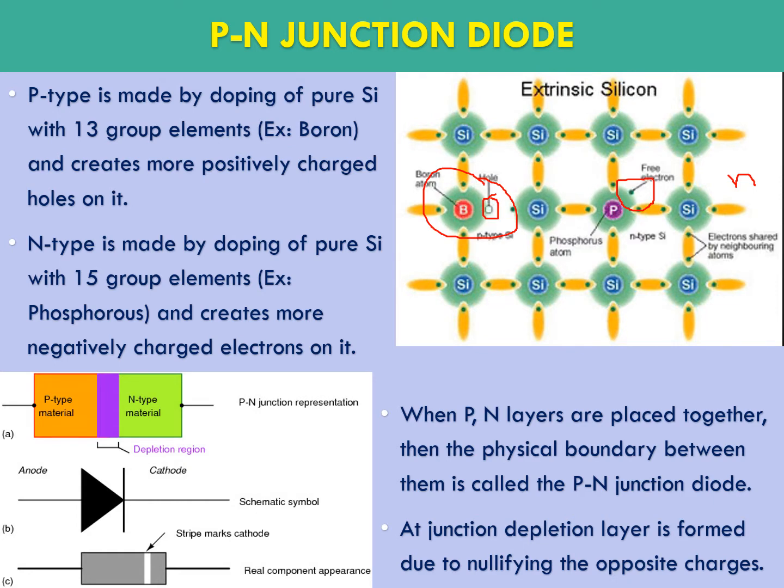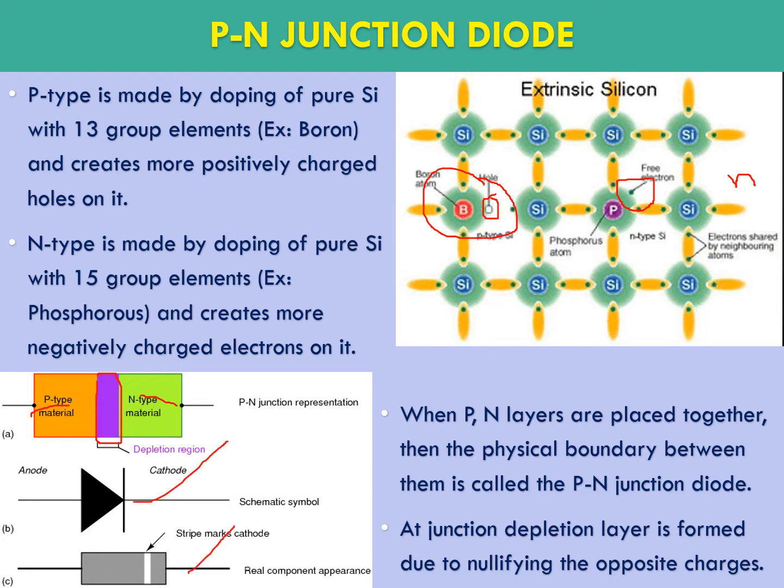This boundary is called the depletion layer, and this device is called a p-n junction diode or p-n junction semiconductor.